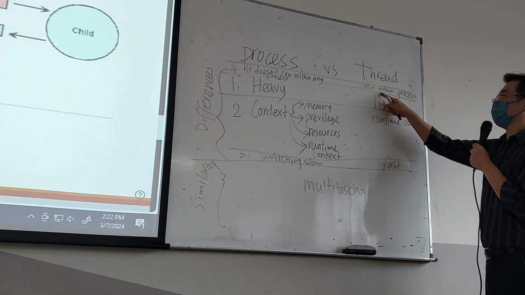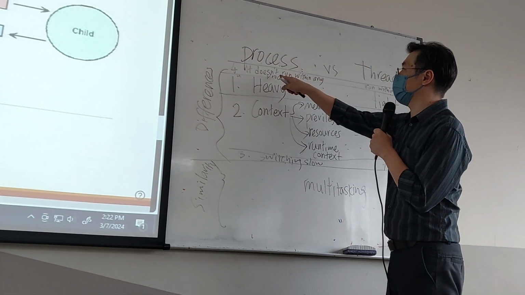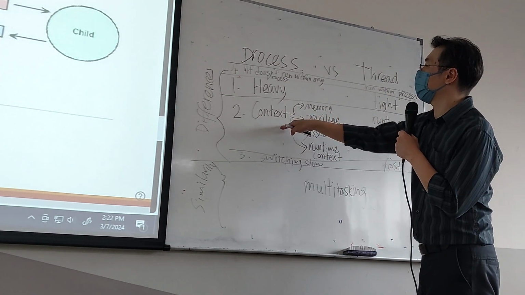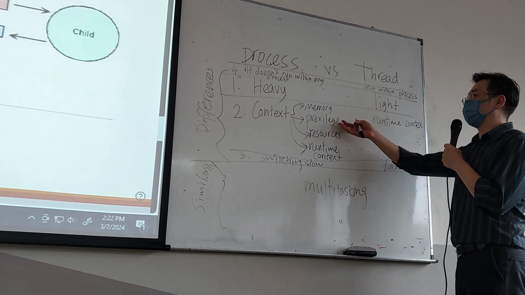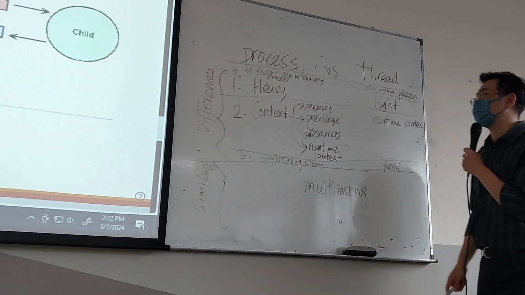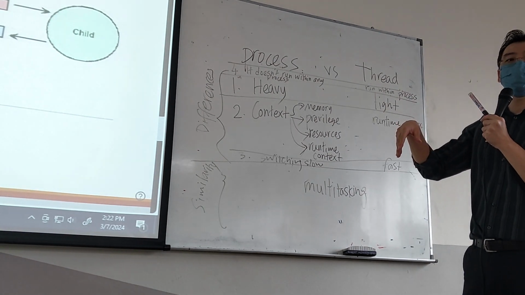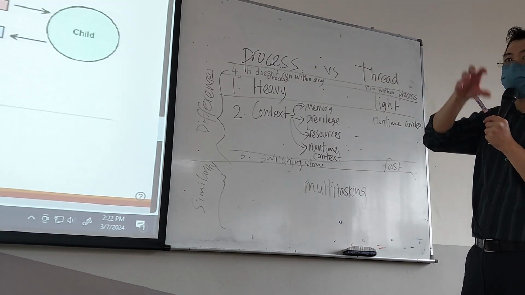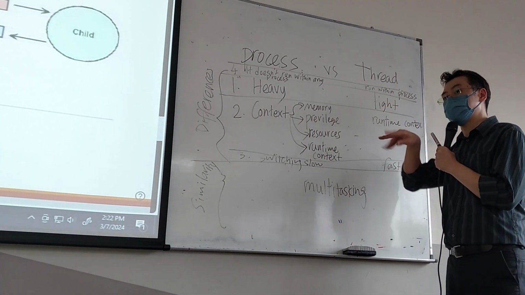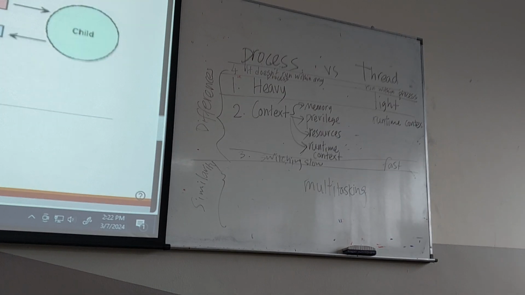The thread cannot stand alone. It must run within a process because it doesn't have memory. You have to run in a process, from which the privilege, the memory and the resources come. So you can imagine one process can have multiple threads. Among processes, you can do multitasking. Within the process, you can have multiple threads which can do multitasking as well. You can just imagine that.